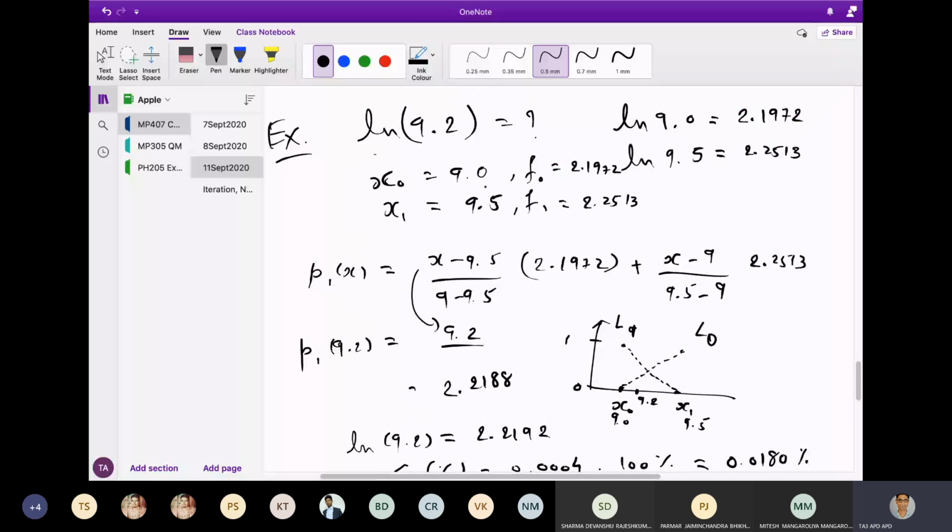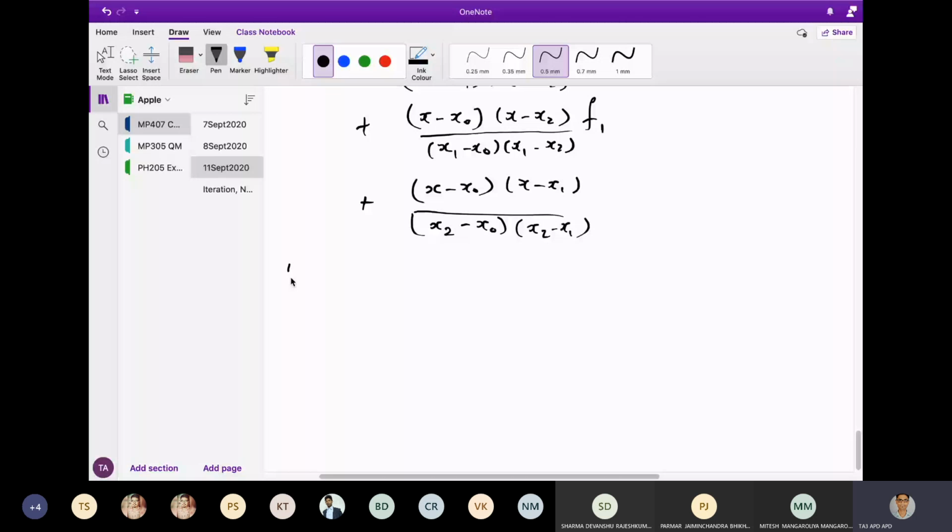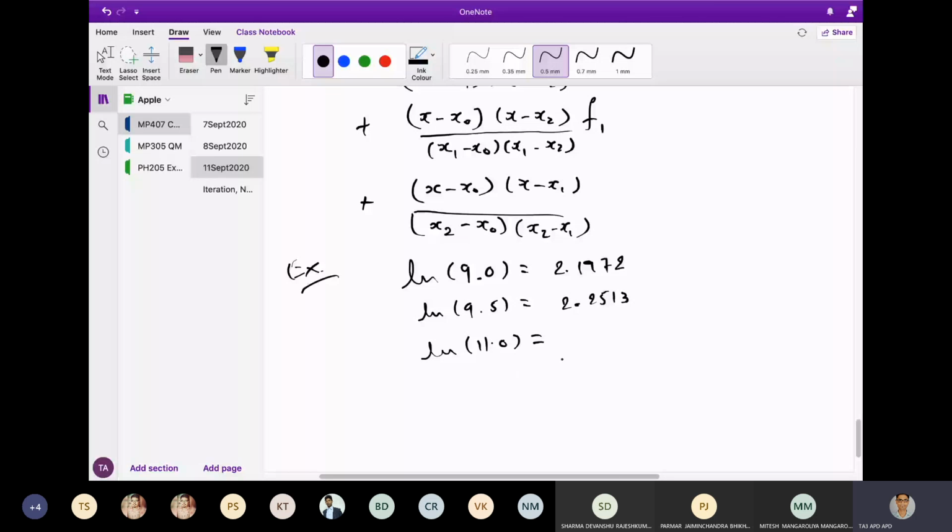So I will just give you the data, now you do it. ln of 9.0 is equal to 2.1972. ln of 9.5 is equal to 2.2513, and ln of 11.0 is equal to 2.3979.